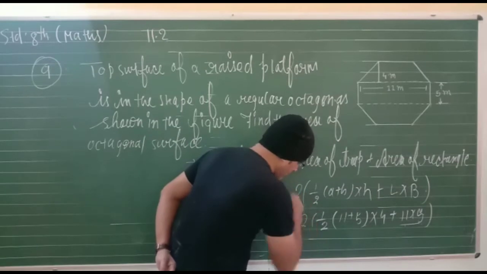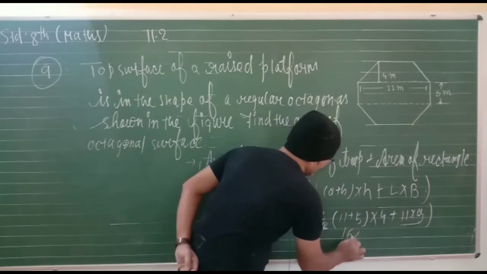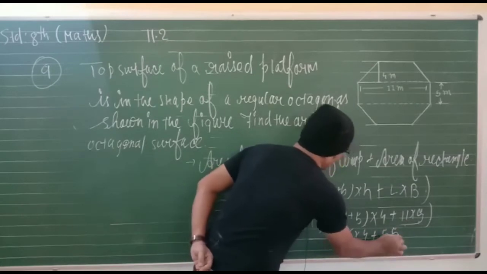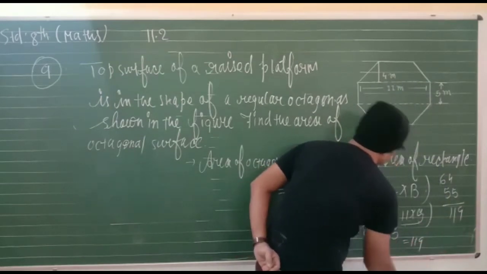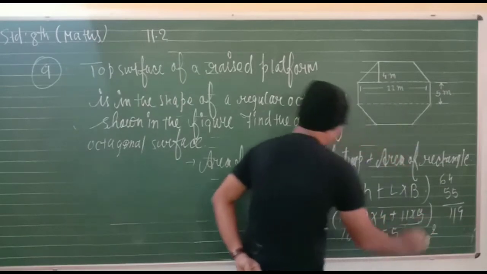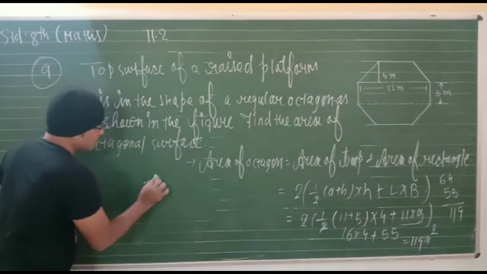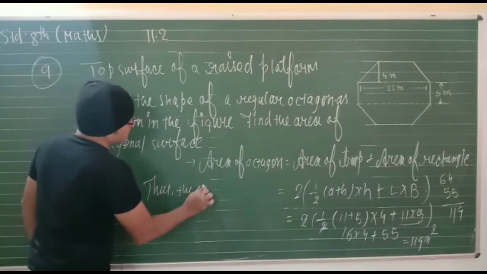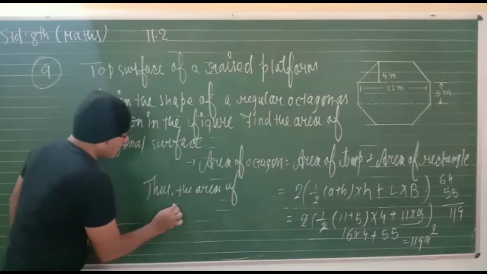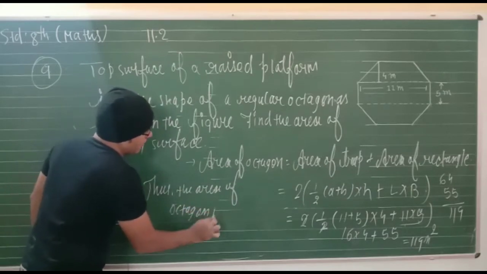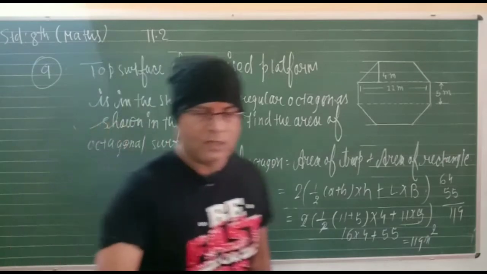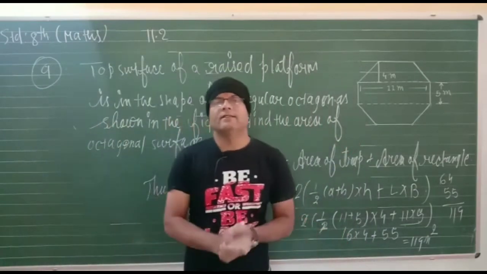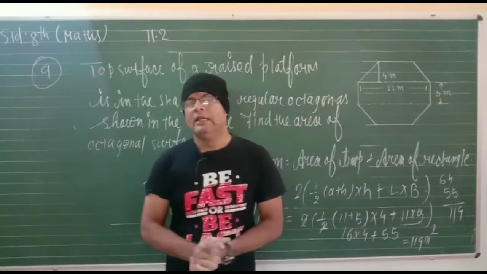As you can see here, 2 to cut, 16 into 4 plus 55, 64 plus 55, that will be 119 meter square. Thus the area of octagon is 119 meter square. So this brings an end of exercise 11.2, right?